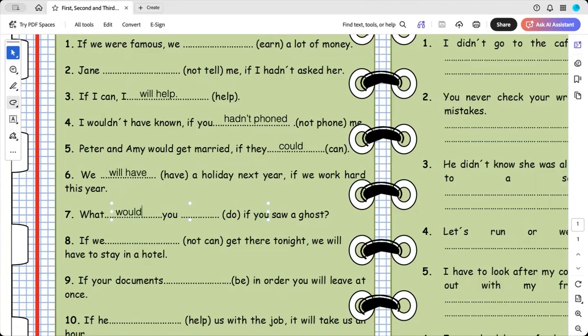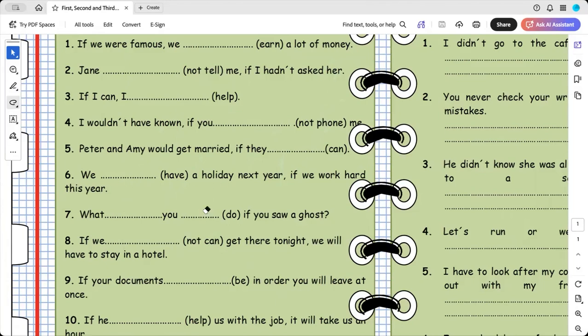What would you do? I'd scream, get away. Number 8: if we something get there tonight, we will have to stay in a hotel. Now, will is future. If we cannot or can't. If we can't get there tonight, we will have to stay in a hotel.